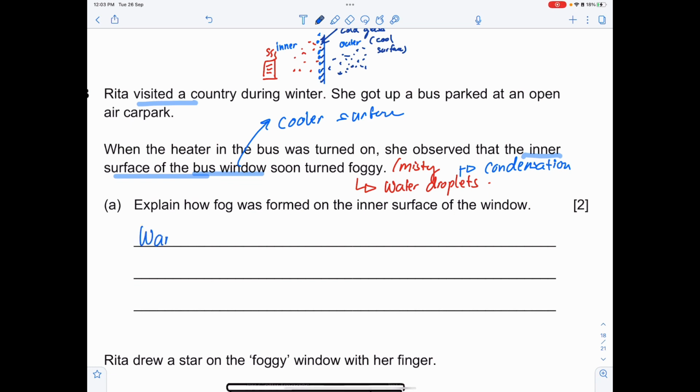So, warmer water vapor. Some of you are wondering, why must we put warmer? Because later you're going to say cooler surface. If there's a cooler surface, there must be a warmer something, right?